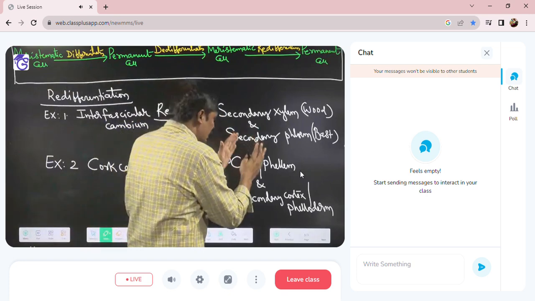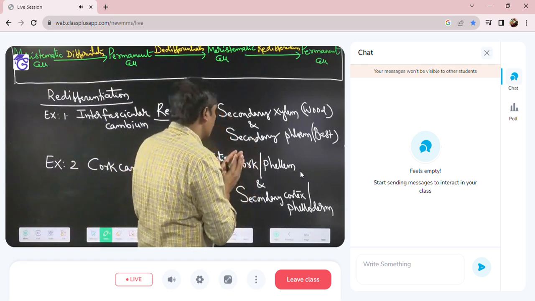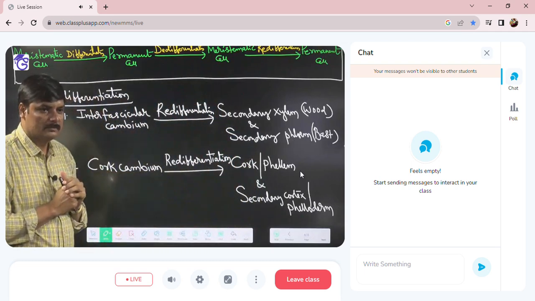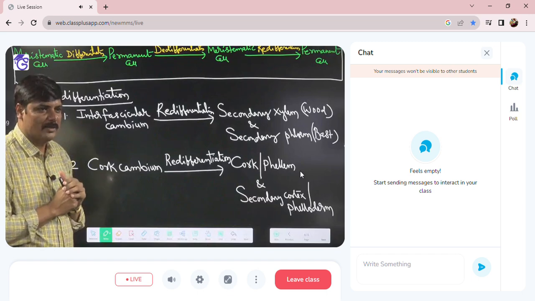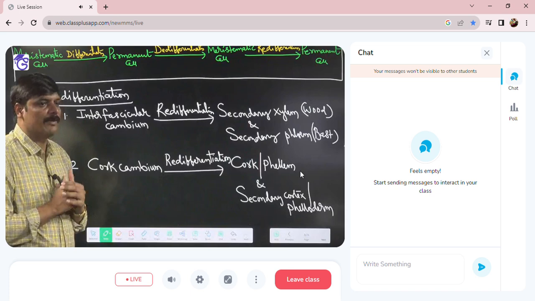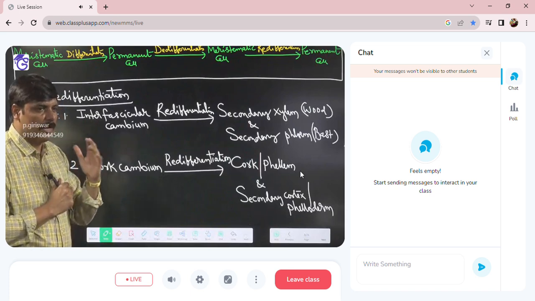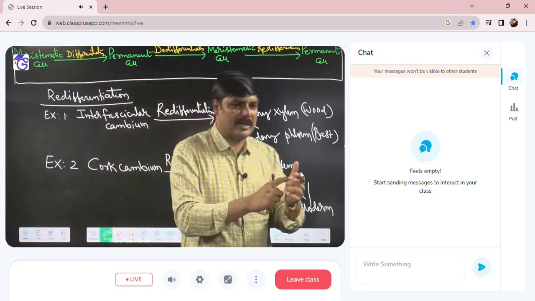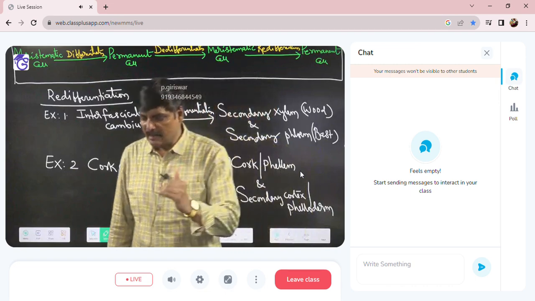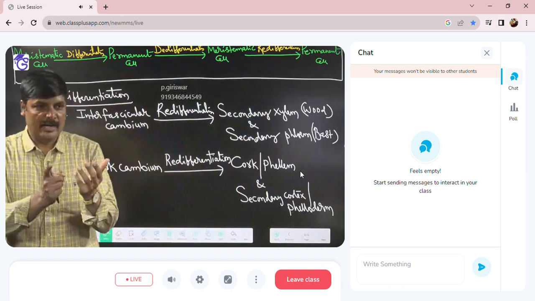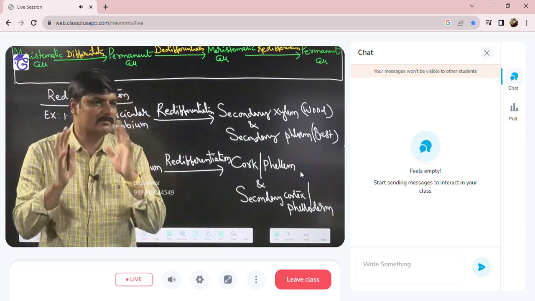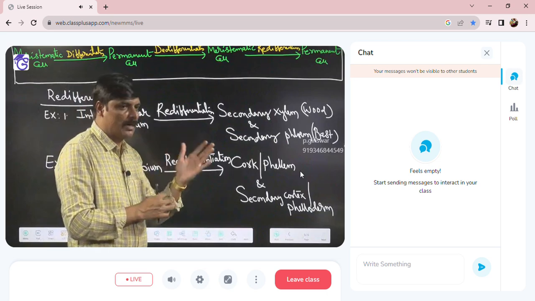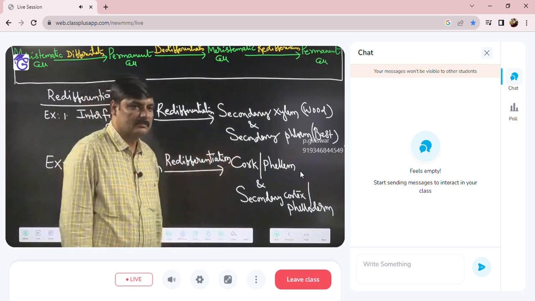Secondary xylem, secondary phloem, cork and secondary cortex are formed by redifferentiation. Example of differentiation: parenchyma, collenchyma, sclerenchyma, etc. Example of dedifferentiation: interfascicular cambium, cork cambium. Example of redifferentiation: secondary xylem, secondary phloem, cork and secondary cortex. Clear?